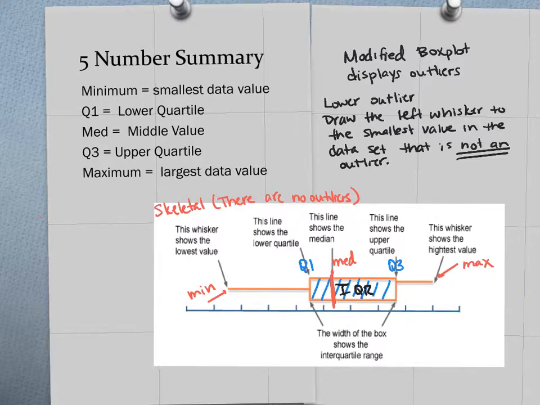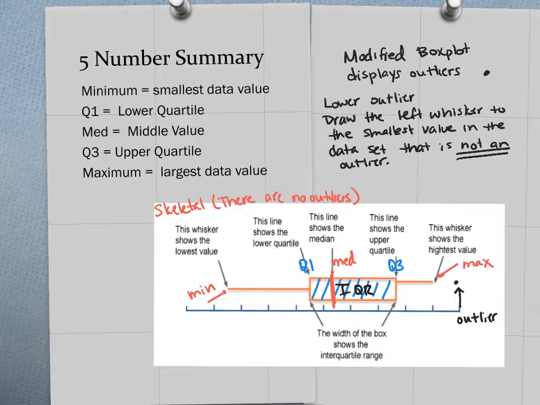So here's what has to happen. If you have outliers present, then either the minimum or the maximum has to be an outlier, because that is the smallest or the largest value. If the minimum is an outlier, you're going to draw the whisker to the next value that is not an outlier, and we show outliers by drawing dots in their places. So if you see dots like this, that value is an outlier.